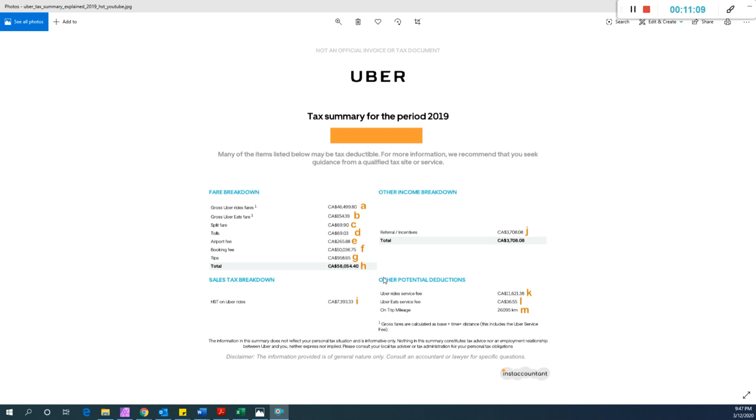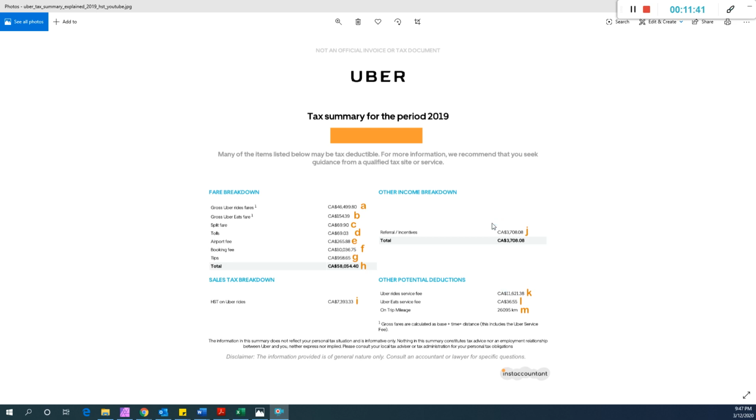Under the other potential deductions, you see the Uber rides service fee. This is the main service fee that Uber collects. Most of the time it's 25%. So Uber says, let's say if you charge $100 to a rider, I'm going to take 25% off that, right? I'm going to take $25 off that as the Uber fee.